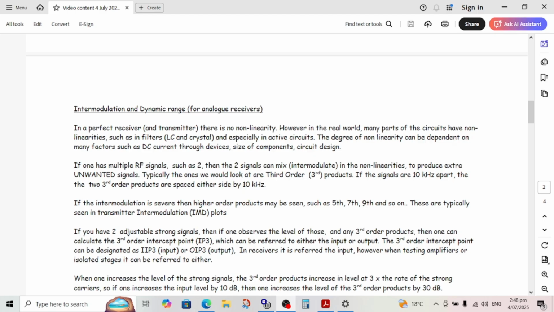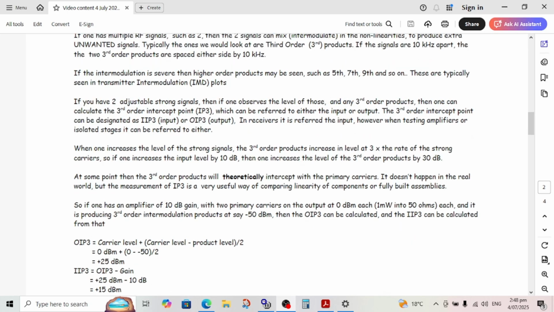When one increases the level of the products, the third order products increase in level at 3 times the rate of the carriers. So if one increases the input level by 10 dB, the products increase by 30 dB.